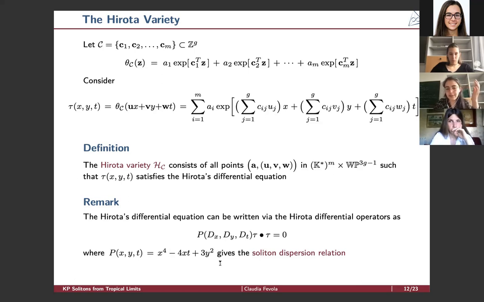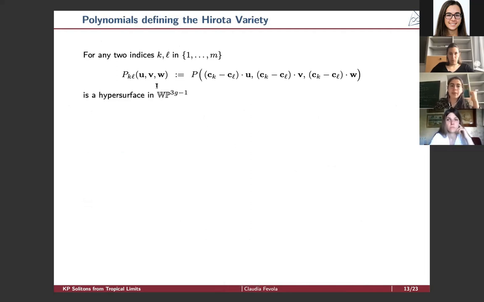And this also has a physical meaning, and it is known as the solitons dispersion relation. And for any two indices k and l in our set C, so M is the number of elements in C, and so for any two indices from 1 to M, we define pKl to be the polynomial P evaluated in this point, and this gives us a hypersurface in this weighted projective space.